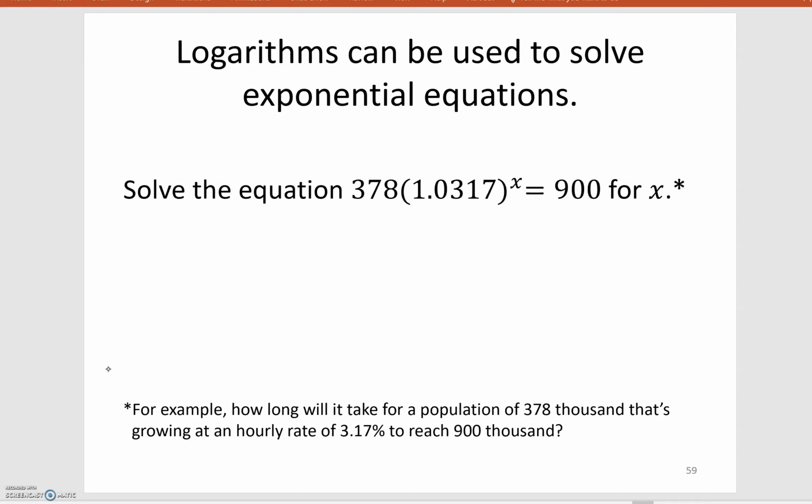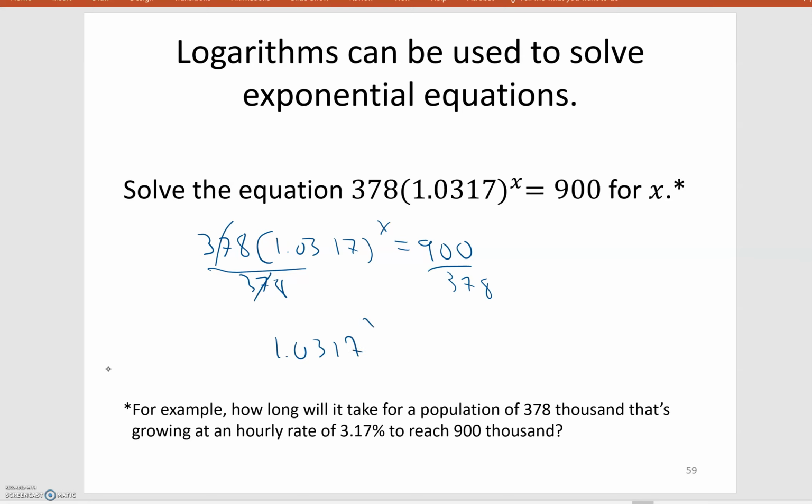But if I just approach this as an equation to solve, my first step is I'm going to divide both sides by 378. And then I have this fraction.